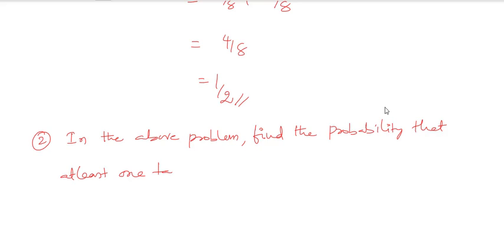Find the probability that at least one tail. Can you give me that at least one tail? So now I asked you, at least one tail. Just now you calculated that. So you can go with respect to what?